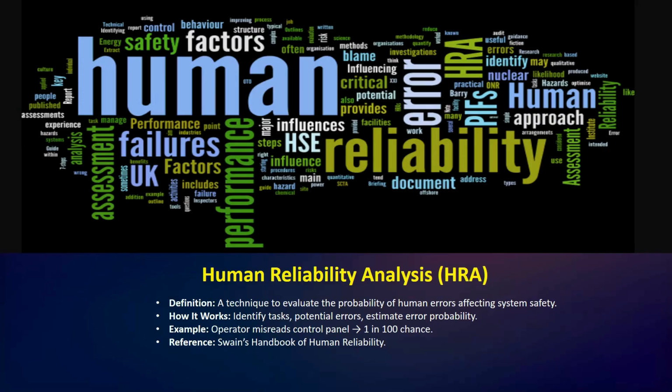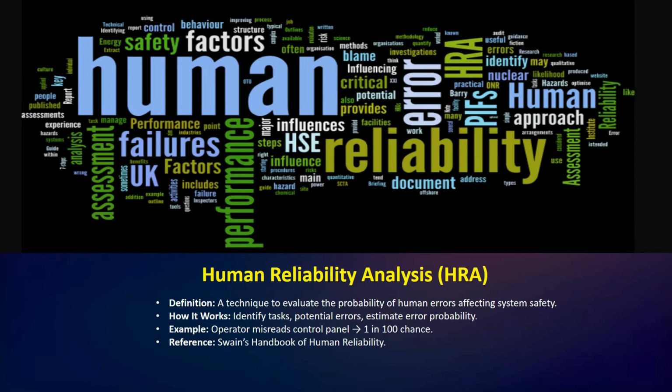so here you can see the definition: a technique to evaluate the probability of human error affecting the system safety. Then how it works: identify tasks, potential errors, estimate error probability. Okay, so the example: operator misreads control panel, 1 in 100 chance.